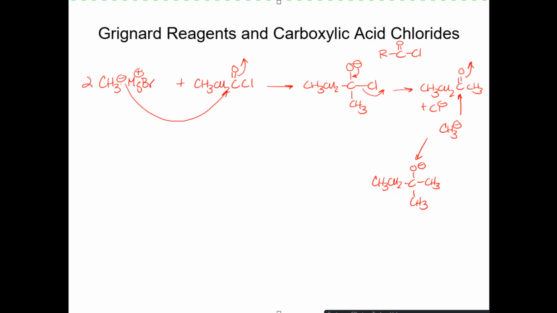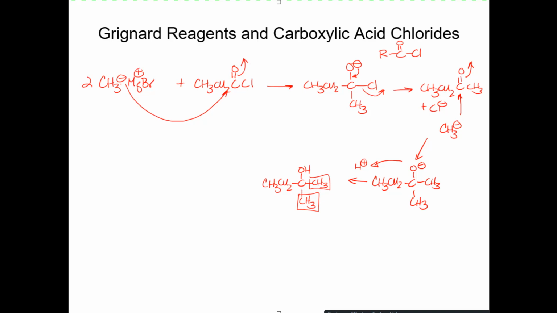And now the O- tries to bring the pair of electrons back down, but there's nothing that can leave. So now it just waits for the H+ to come into play. Waits to be protonated, which it is. And so I form my tertiary alcohol. Now my tertiary alcohol has the 2 methyl groups attached to it because 2 Grignards added to the original acid chloride.